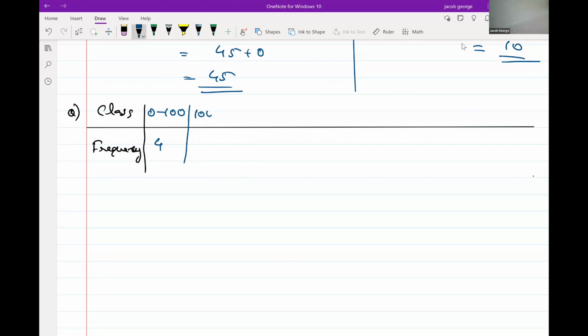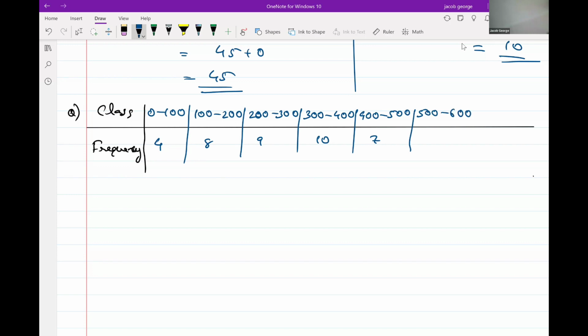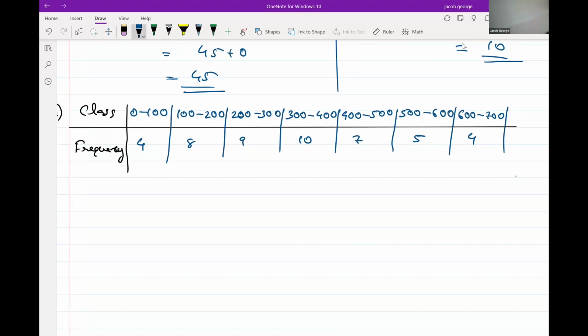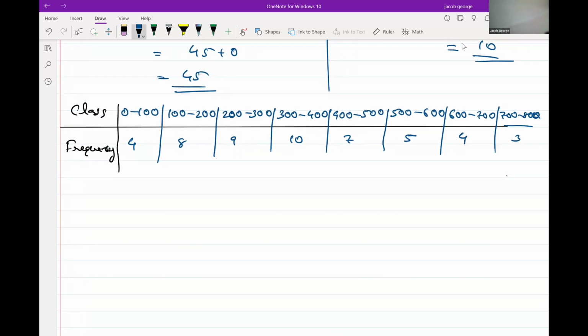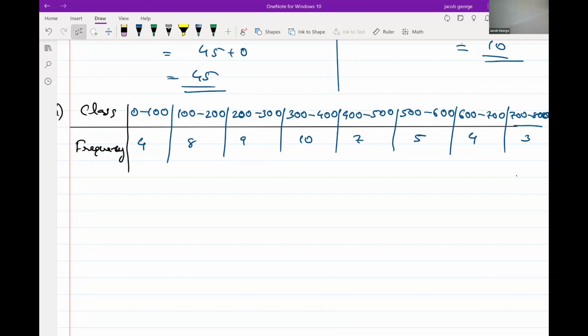Then 100 to 200, 8. 200 to 300, 9. 300 to 400, that is 10. 400 to 500, 7. 500 to 600, 5. 600 to 700, 4. 700 to 800, 3.